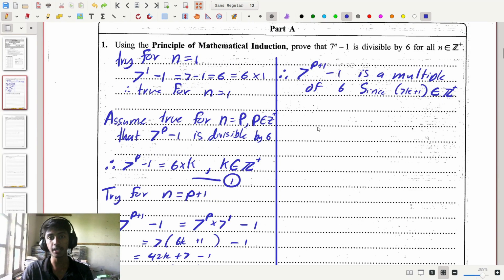Now given this, we have proven that 7 to the power of p plus 1, or the next value, is in fact a multiple of 6.